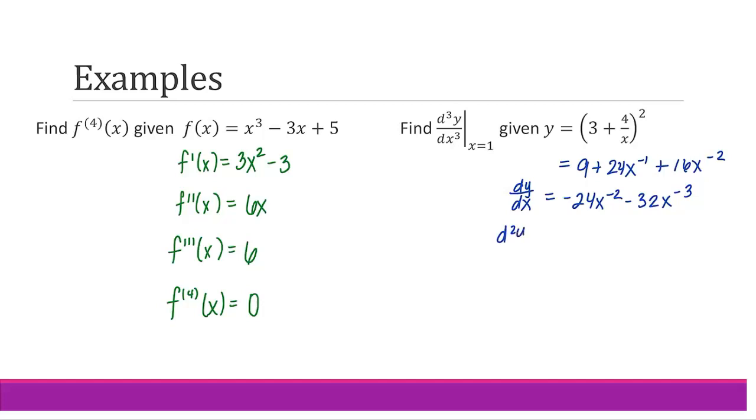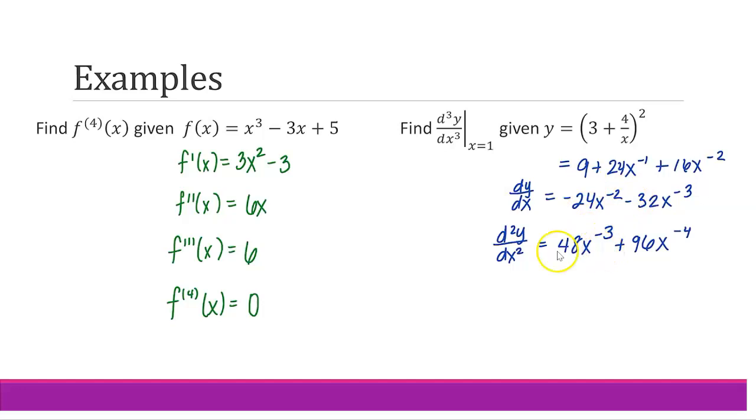Take the second derivative. I have the second derivative of y with respect to x. By the power rule again, let's bring that negative 2, multiply it times negative 24, that's a positive 48, x to the negative 3. Subtracting 1 from negative 2, I get negative 3. Then we're going to multiply negative 3 times negative 32, that's positive 96 x to the negative 4.